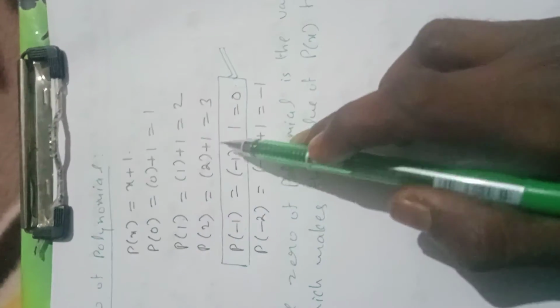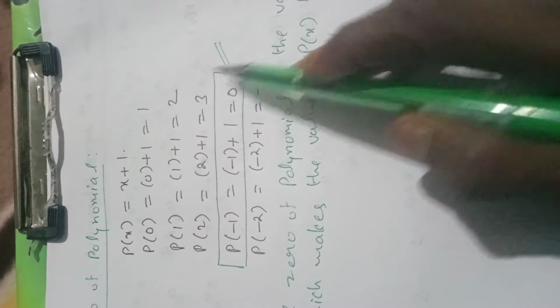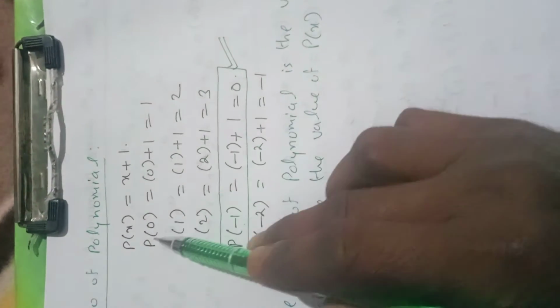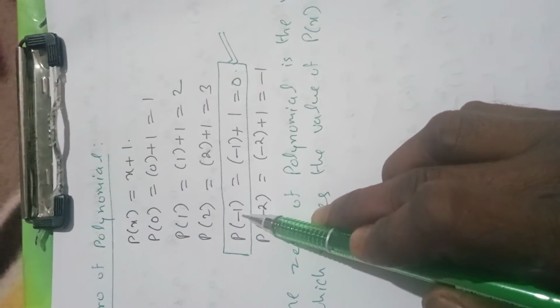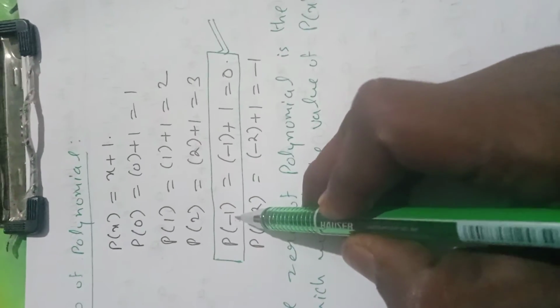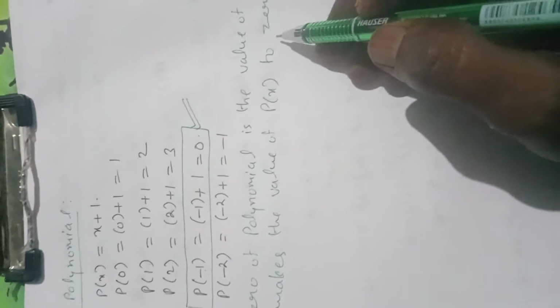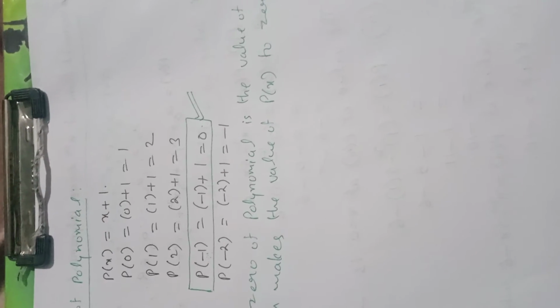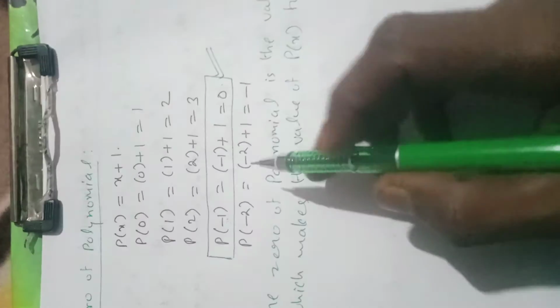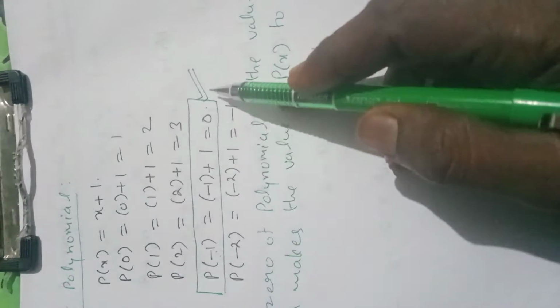Once you consider all these examples again, where we are getting the value of the polynomial as 0, this is happening when I substitute x equal to minus 1. So whatever value we give in the place of x to make the value of this polynomial 0, that value of x we call the zero of the polynomial. So we can understand the zero of the polynomial by seeing this expression.